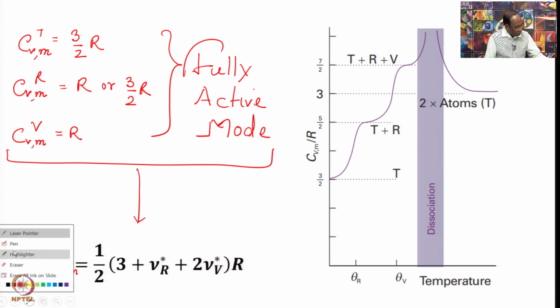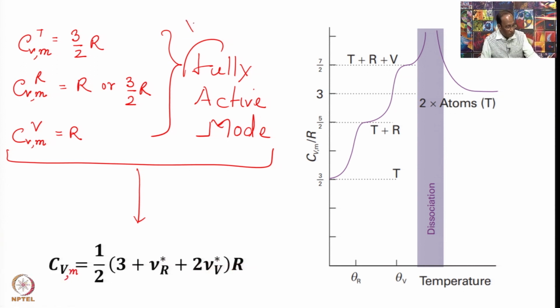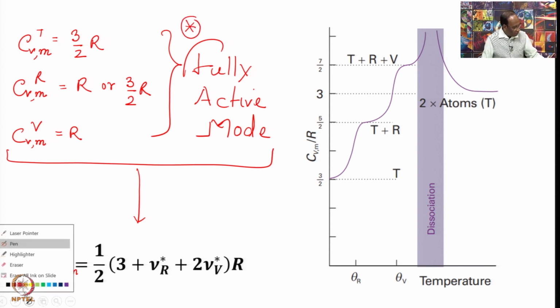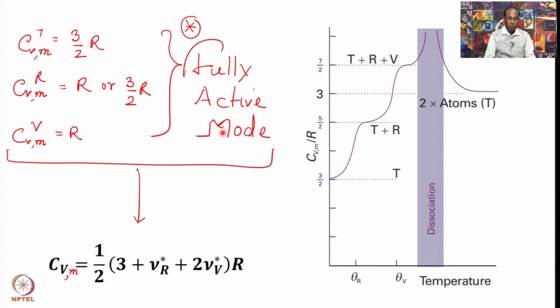How to read this? This star, which is represented here, means fully active mode. That means, depending upon the temperature, you can decide.